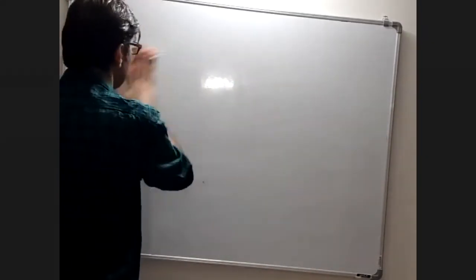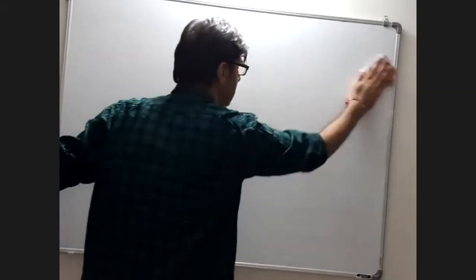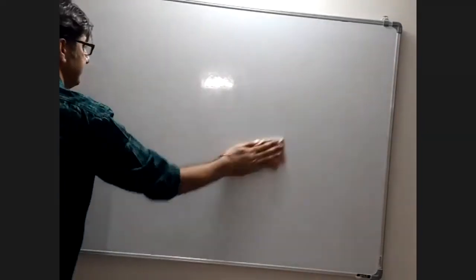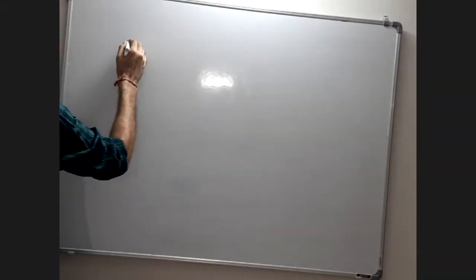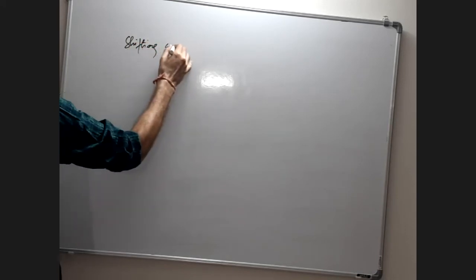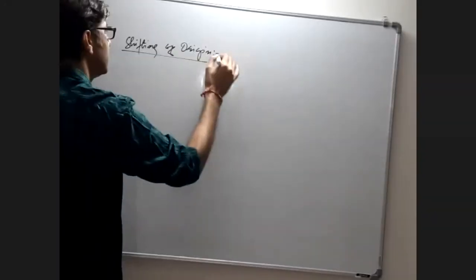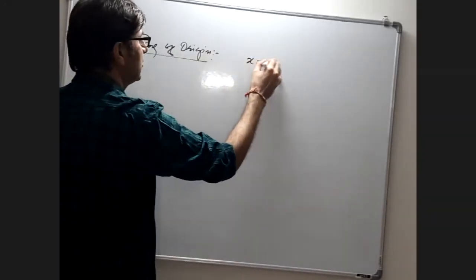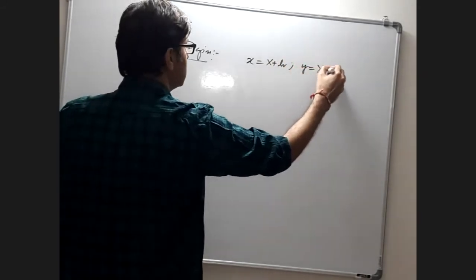So मुझे अभी आप यहाँ पर देखिए, मैंने अभी दो इक्वेशंस लिखी. Look here, under shifting of origin में we have the set of equations. What was that? X is equal to x plus h and y is equal to y plus k.